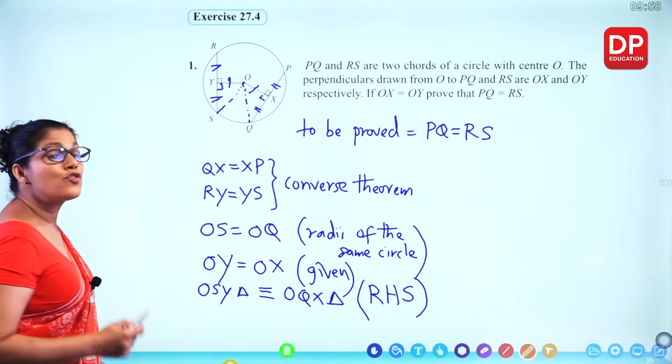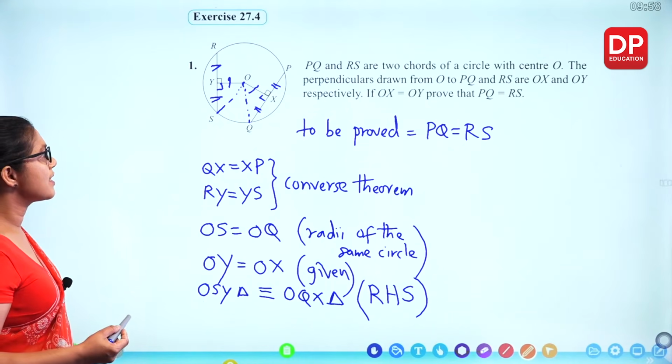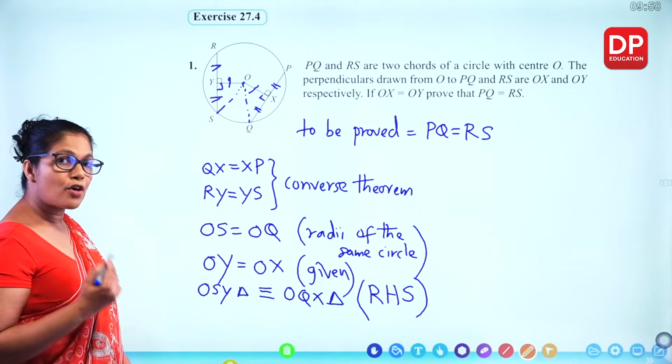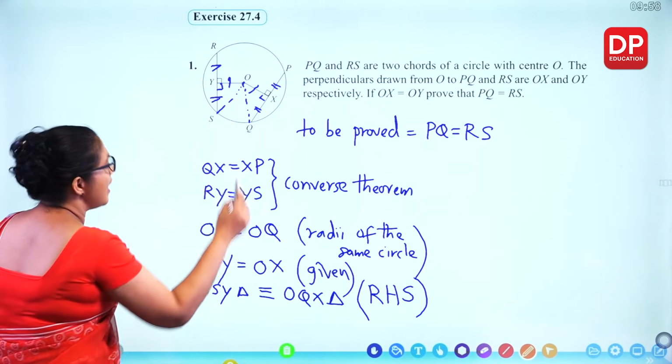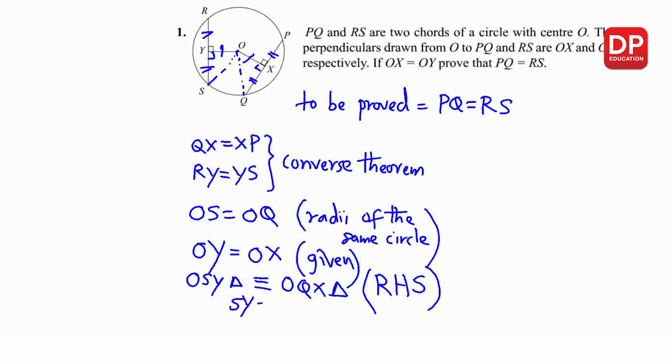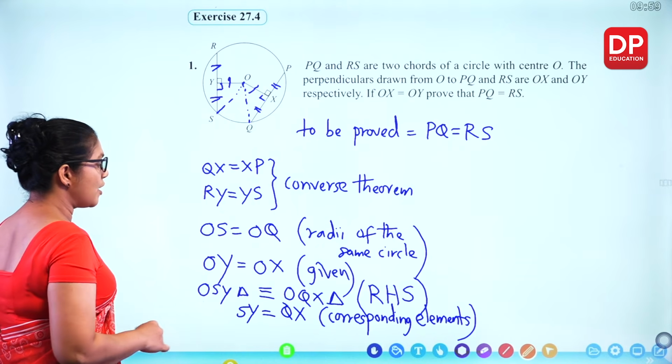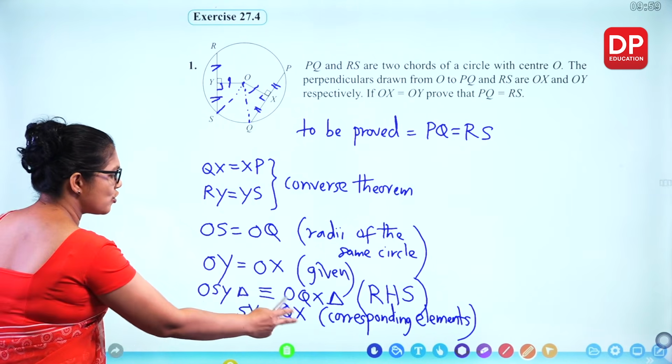So if these two triangles are congruent, what can you say about the corresponding elements? We can straight away write down SY is equal to QX because these are corresponding elements. So if these are equal, now we'll multiply these by 2.